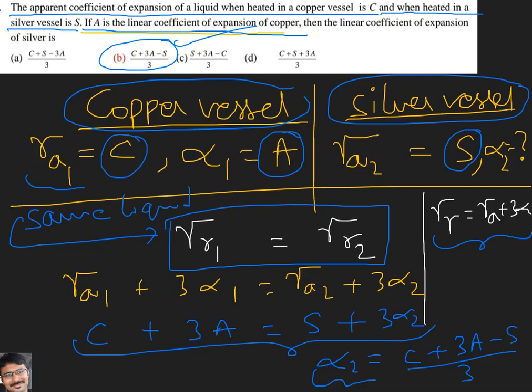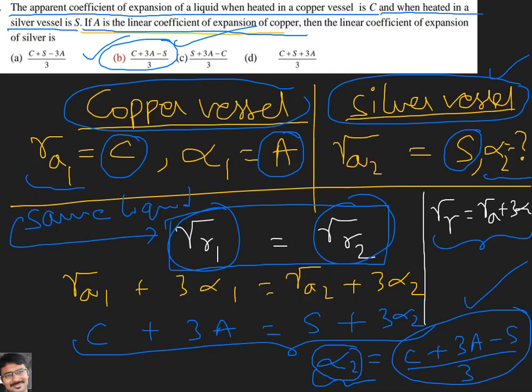They are asking us to find what is alpha of silver vessel. As the liquid is same, gamma R1 equals gamma R2, and if the gamma R formula is applied, simply we can get alpha 2 value from here. This is the alpha 2 final answer, which is option B.